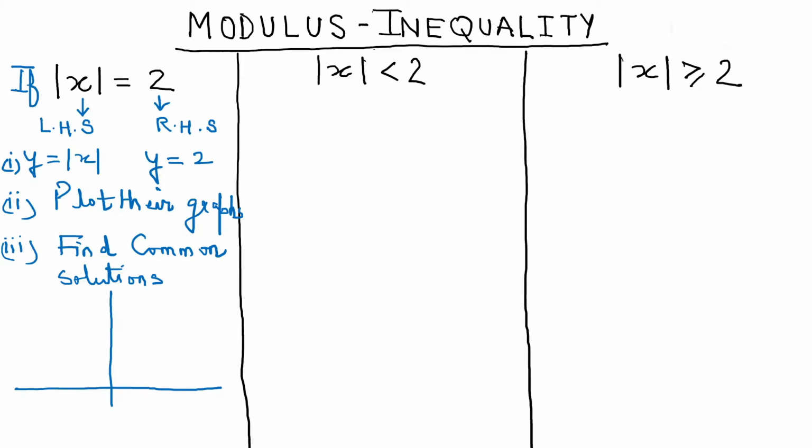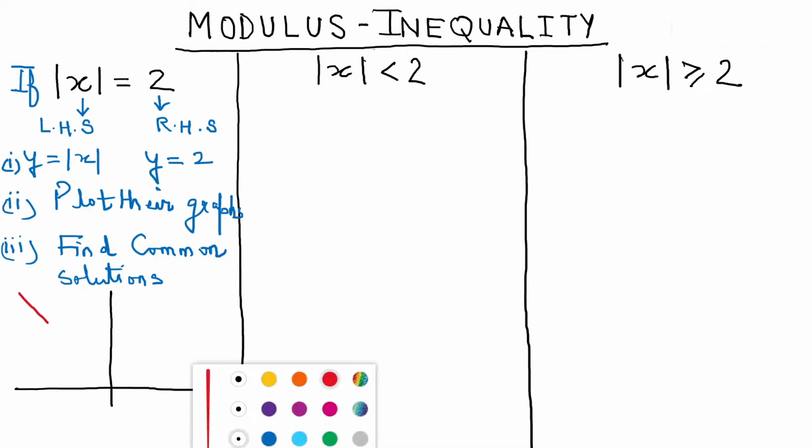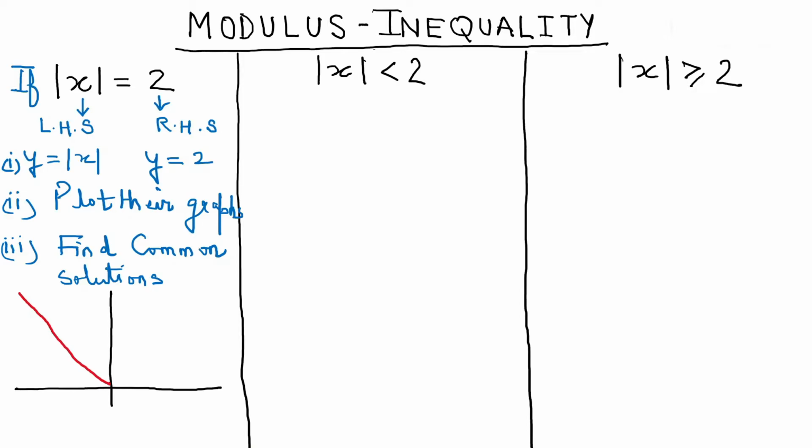Now when I have to plot the graph of modulus of x, we know the graph of modulus of x, which is V for victory. So I am plotting the graph of modulus x in red color. Then the other graph that we are going to plot here is the graph of y is equal to 2.